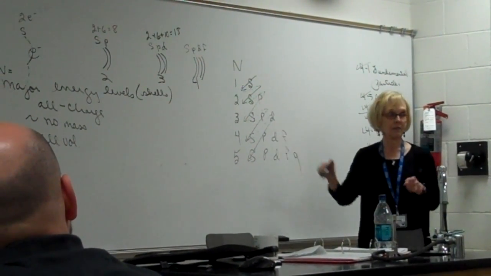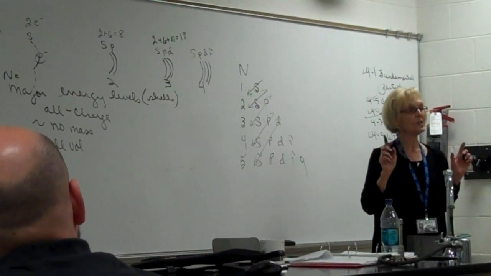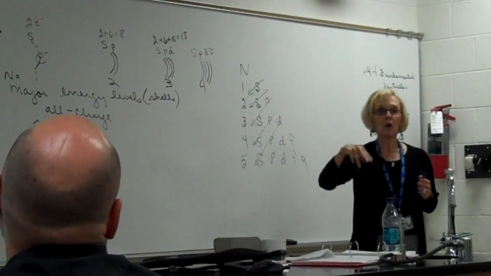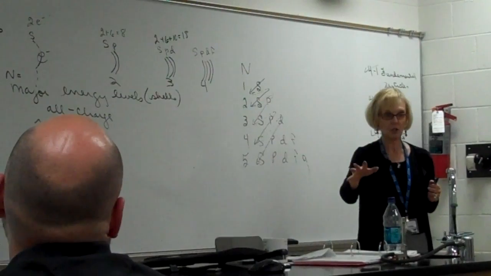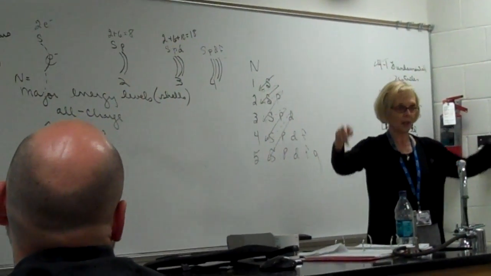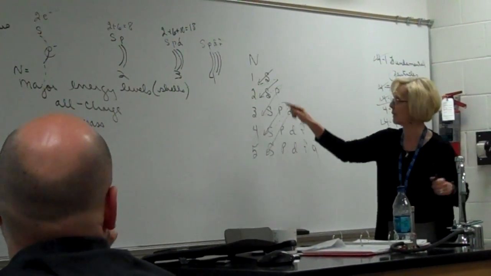Okay? Now, let's do it. If you can say it with me, we're going to go 1s2, 2s2, chemical chanting. I am the conductor. You can say it with me.